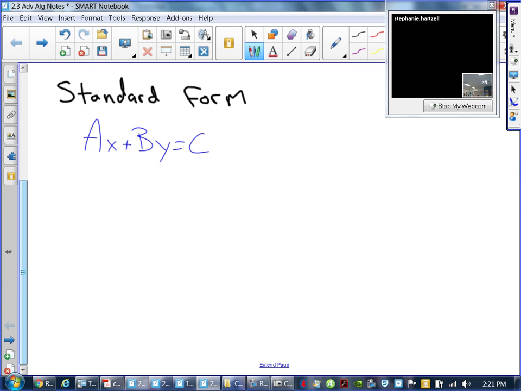Well, now, I don't care. Because if you can get it into this standard form where it's AX plus BY equals C, you can do something that's super, super easy. For example, if I just put a grid up here and I'm graphing something, what's the value of y when I cross the x-axis? 0.